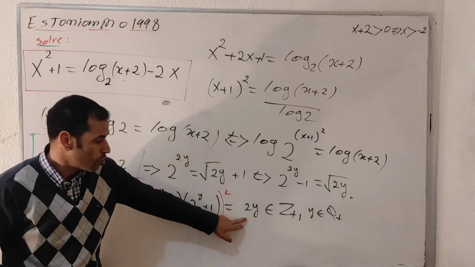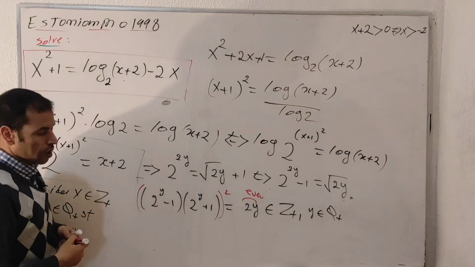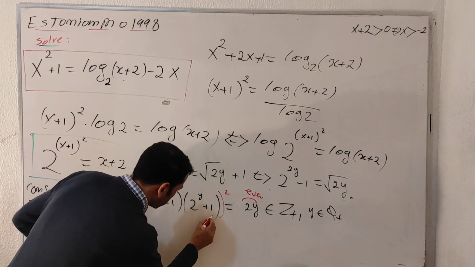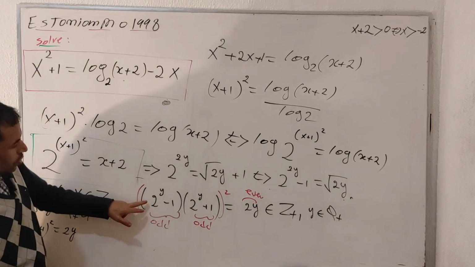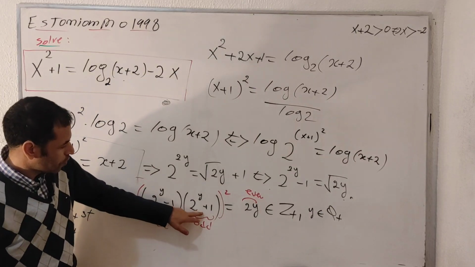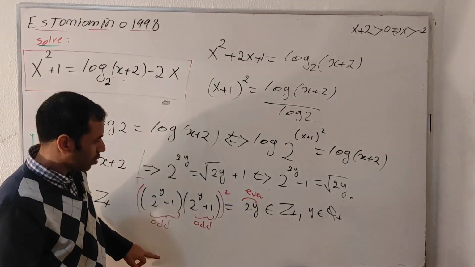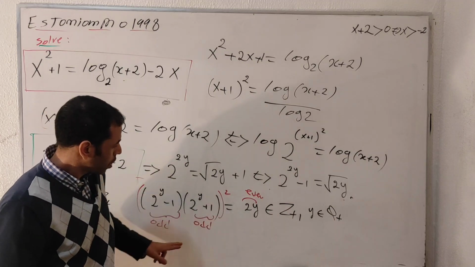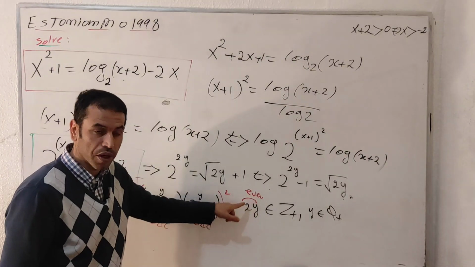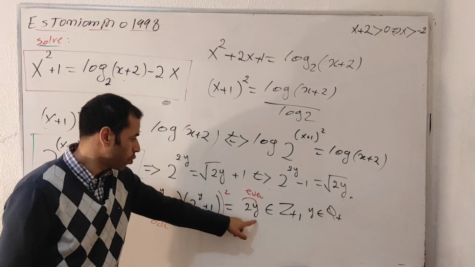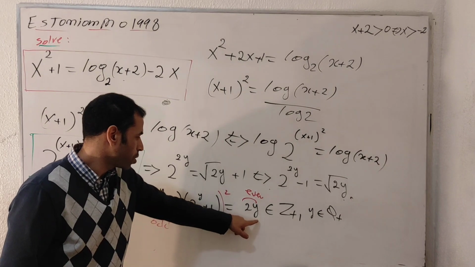Since the right hand side of this equation is an integer, the right hand side is even, but the left hand side is odd, because even minus odd gives us odd, and even plus odd gives us odd. It is impossible to have one side even and the other side odd. So in order to make everything work correctly, the right hand side of this equation must be odd. In order to have this odd, y must be half, or y must be equal to 0.